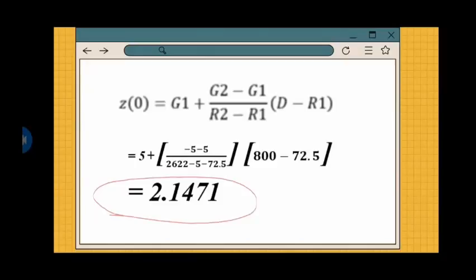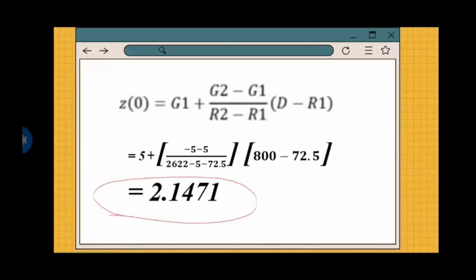We start with g1, which is 5, plus g2 minus g1, that means minus 5 minus 5, divided by R2 minus R1, so we have 2,622.5 minus 72.5, multiplied with D minus R1, so we have 800 minus 72.5.